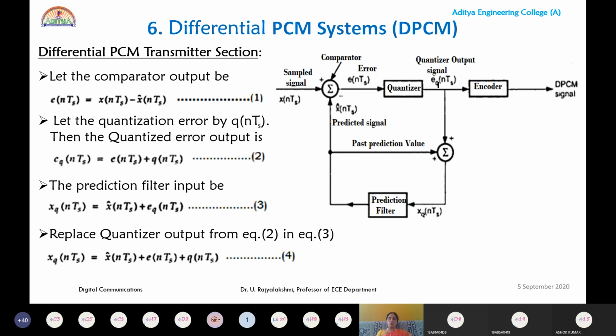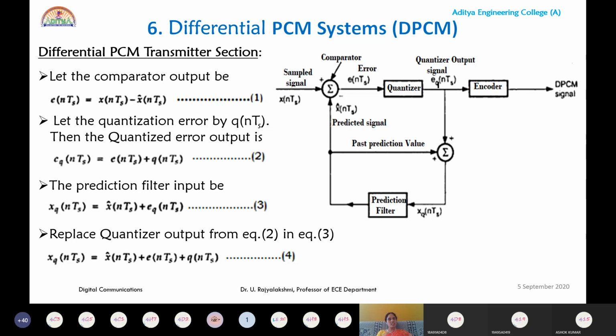That output signal is the sum of the input and some error provided in the quantizer. Let the error inherited by the quantizer be q of nTs, that is the quantization error. So what is the total output signal eq of nTs?